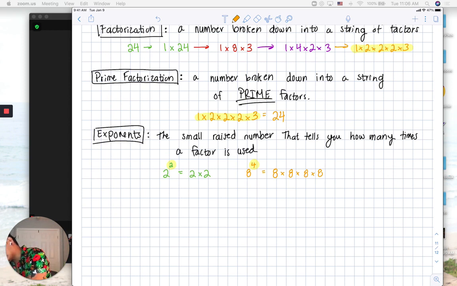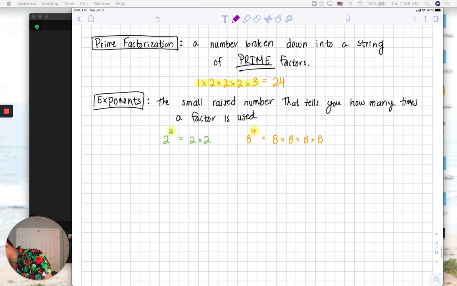Well, let's take a look at the prime factorization example. 1 times 2 times 2 times 2 times 3. I notice that I have 3 twos here. How could I rewrite this as an exponent? Well, you just take the number 2, because that's the number being multiplied, that's the factor.